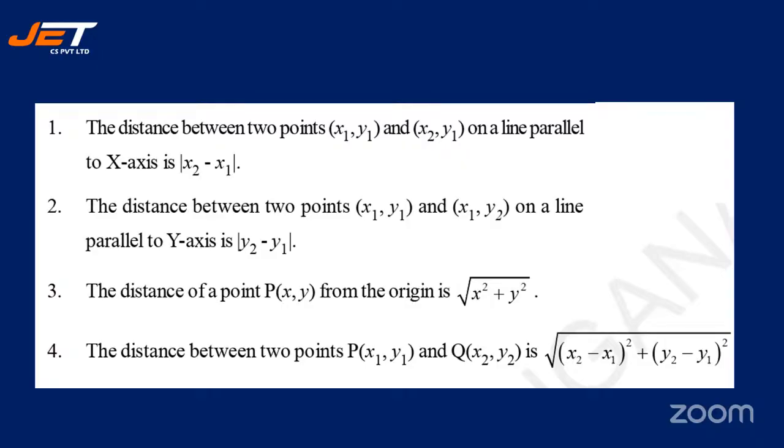The distance between 2 points x1, y1 and x1, y2 on a line parallel to the y-axis is y2 minus y1. The distance of a point P of x comma y from the origin is root of x square plus y square.